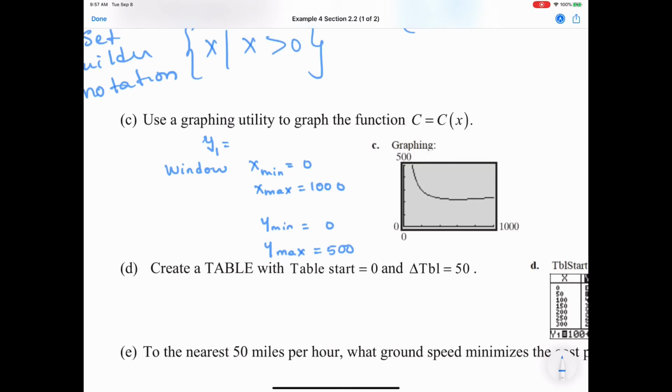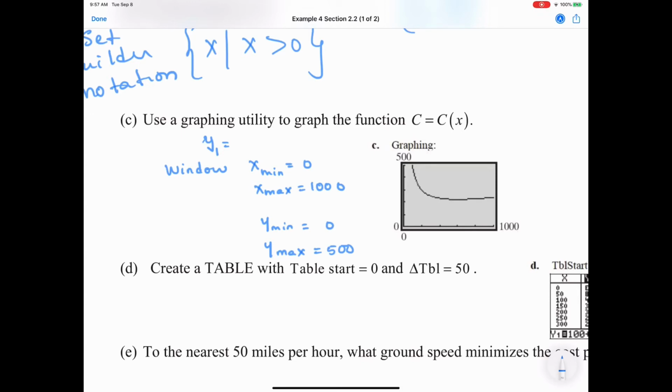As I speak to you, I am seeing the graph in my calculator where I have my x max as 1000, x min as 0, y min as 0, and y max as 500.